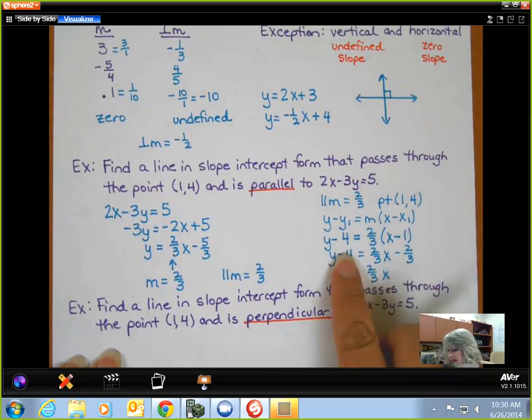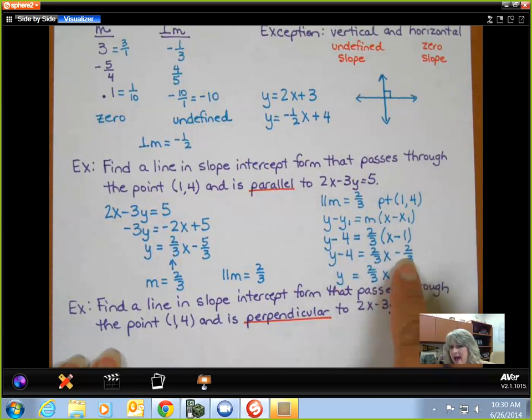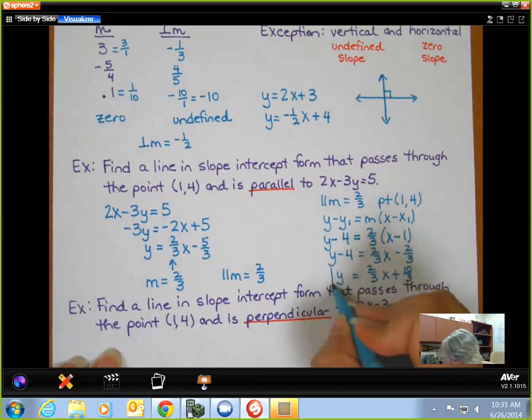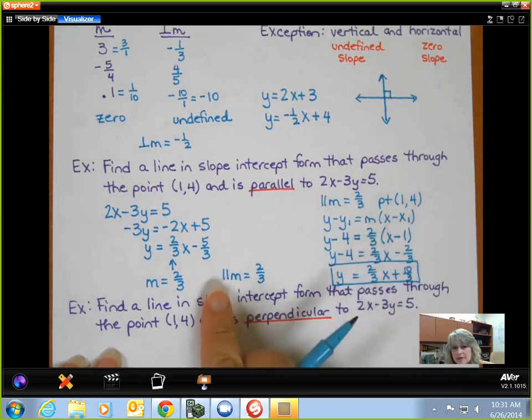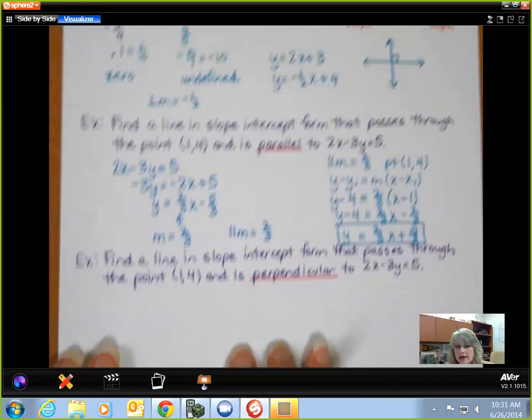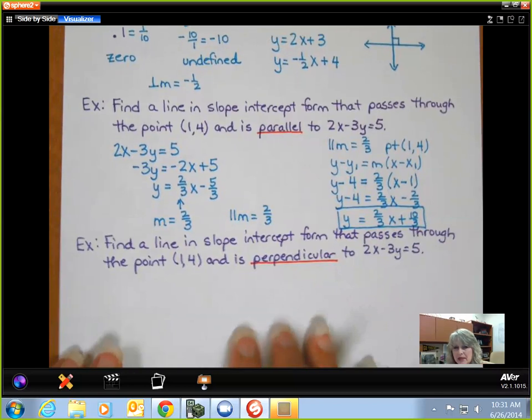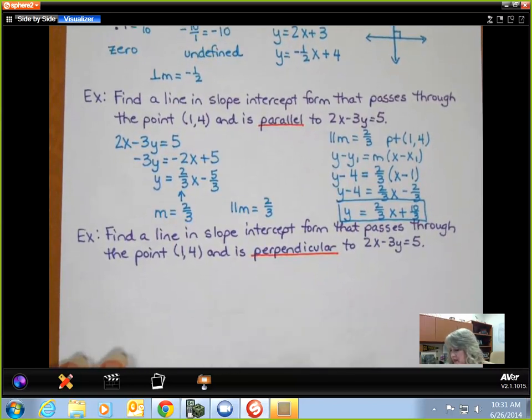So if we're taking negative 2/3 and adding a positive 12/3, that's going to leave us with a positive 10/3. Or you can put it in your calculator if you're not sure. Okay, so this is a line that is parallel to the given line, and it also goes through the point 1, 4.